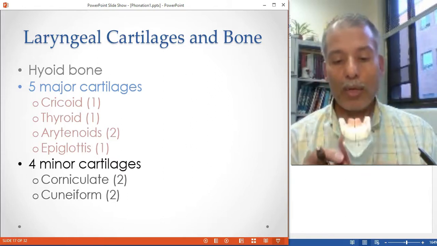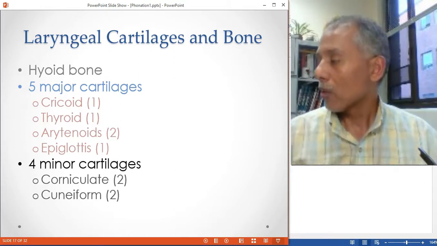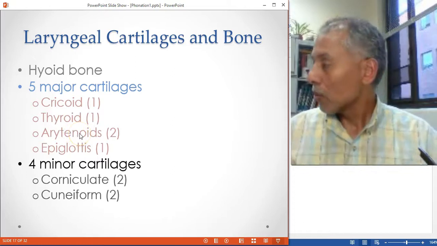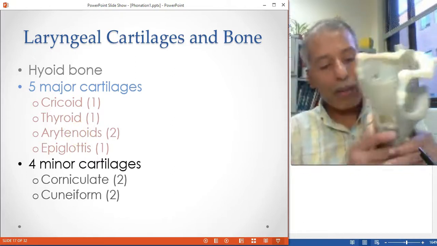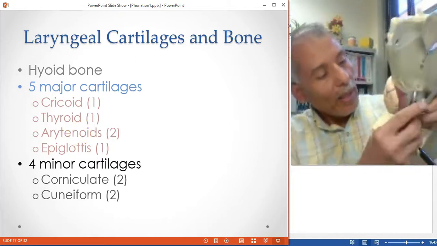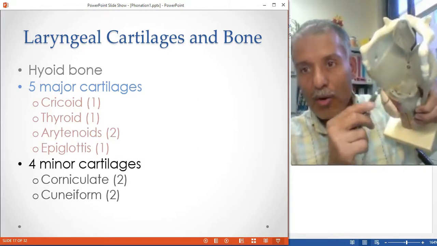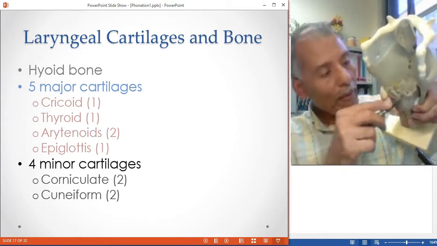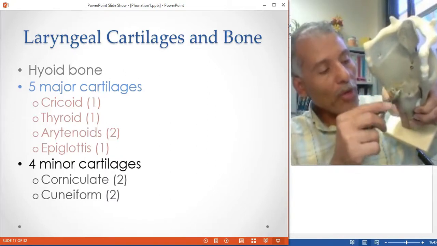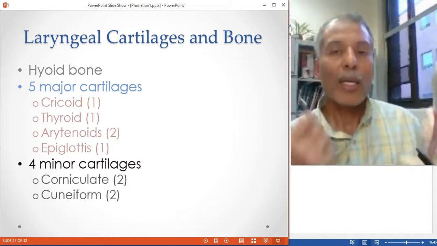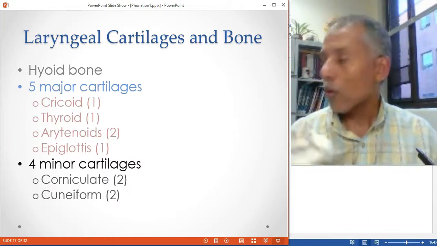You do not see them here, but we'll show them using images. There are 2 tiny cartilages that sit on the superior posterior rim of the cricoid cartilage, and each one is attached to one vocal fold.